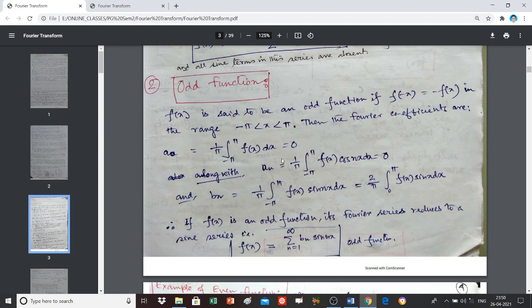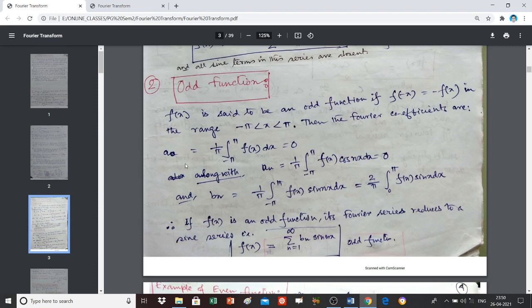In this case a0 vanishes, becomes 0, and also an, the cosine coefficient, 1 by pi integral minus pi to plus pi f(x) cos nx dx, is also 0. And bn is given by 1 by pi, integral minus pi to plus pi f(x) sin nx dx, that is 2 by pi, integral 0 to pi f(x) sin nx dx. So in that case only bn will exist.